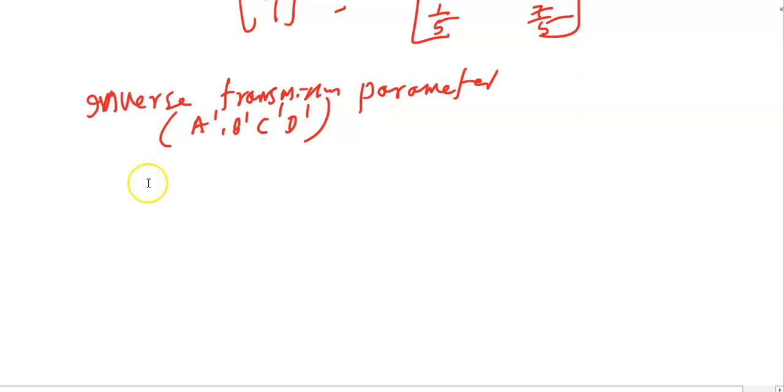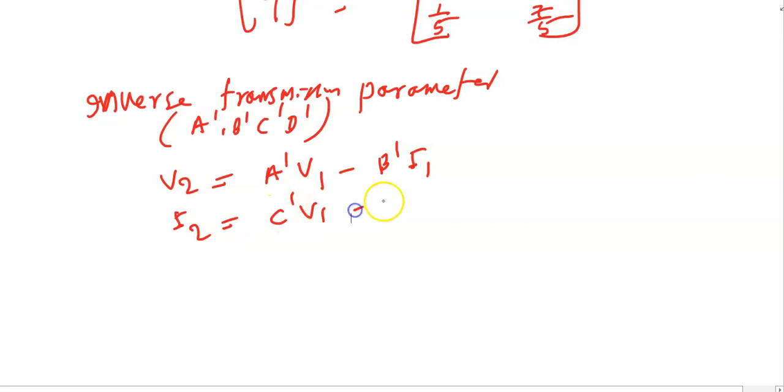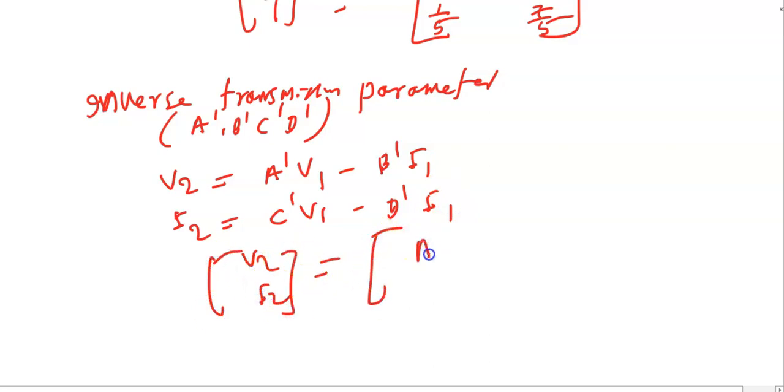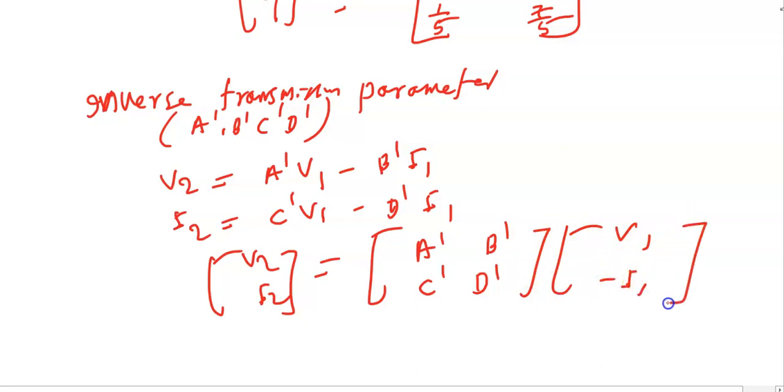Here input parameters are related with the output parameters of port 2, like V2 equal to A dash V1 minus B dash I1, and I2 is equal to C dash V1 minus D dash I1, or the matrix V2, I2 is equal to A dash, B dash, C dash, D dash times V1, minus I1.